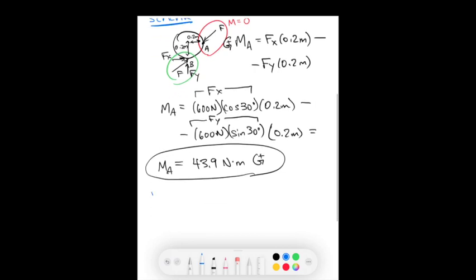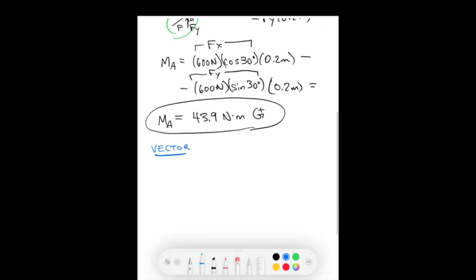But we can also do this using vectors. With a couple force, we can draw any vector that goes from one force to another and take the cross product.